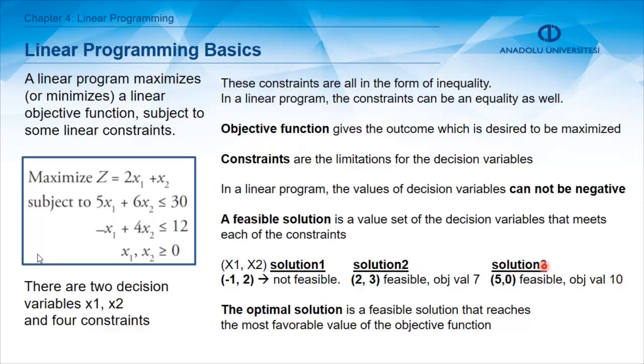Between these, solution 3 is more favorable than solution 2 as it has a higher value of objective. As the linear program is originally a maximization, we choose the highest value when we consider two solutions. Here, solution 3 is better than solution 2.